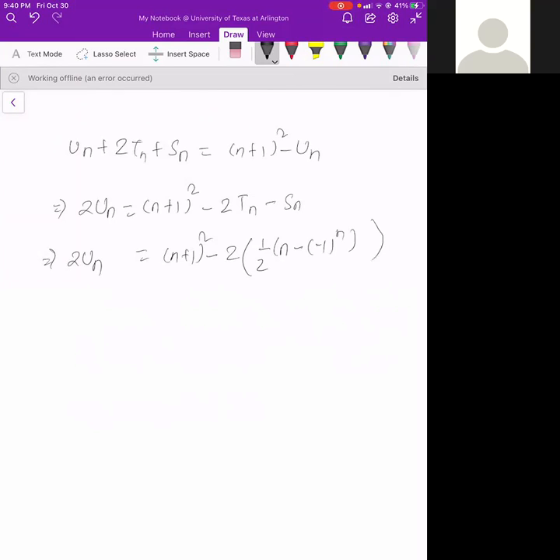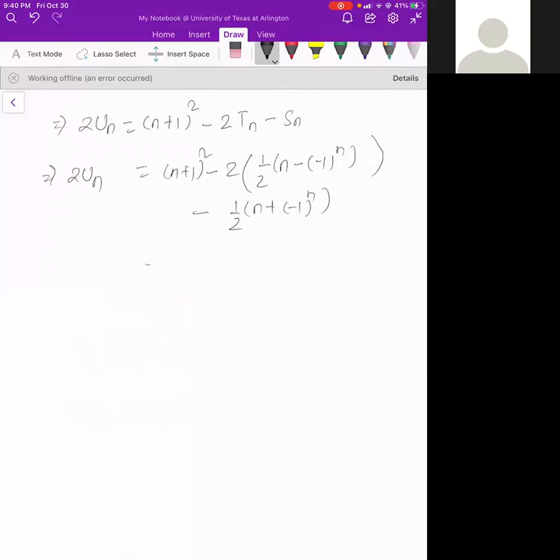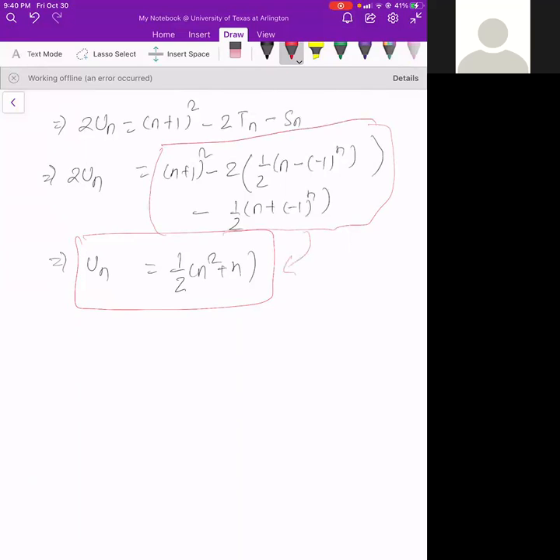All right, and then our S_n was nothing but 1/2 of 1 plus minus 1 to the power n, and then we will do our simplification, and that will land us at 1/2 of n squared plus n, and this is going to be our closed form for U_n. Since I don't have much time, I didn't do much simplification, but I guarantee you that after some algebraic simplification we will land on this.